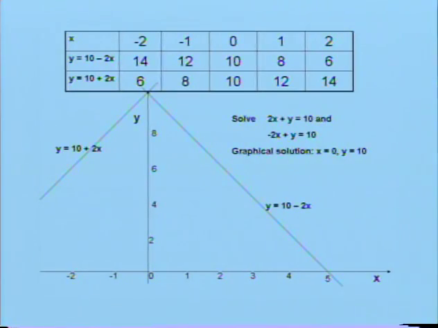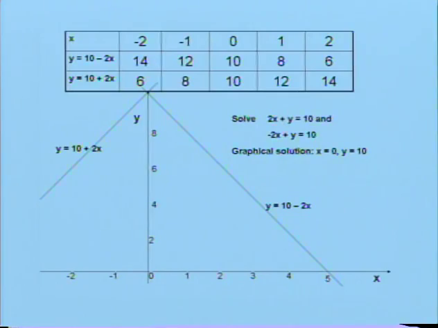So if we are asked to solve two equations, 2x plus y equal to 10, which is the same as y is equal to 10 minus 2x, and the other equation minus 2x plus y equal to 10, which is the same as y is equal to 10 plus 2x, if we draw the graphs, from the graphs we can read off the solution to the pair of simultaneous equations.